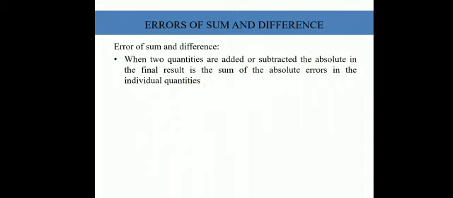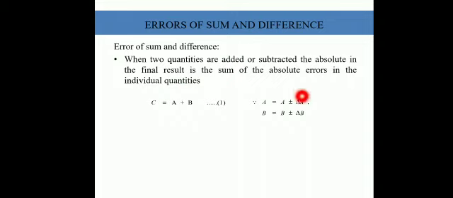We will try to see it with the help of an example also. Let's say we have to calculate a value C, which is obtained by adding A and B. We have already committed a mistake in the measurement when we were measuring the values of A and B in the laboratory, for example.